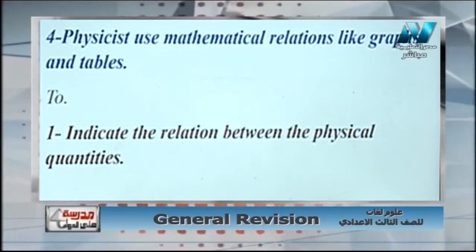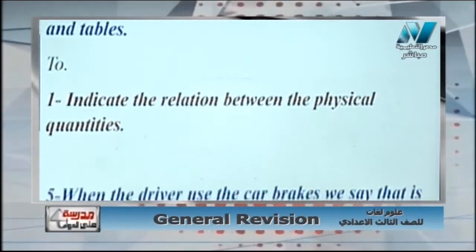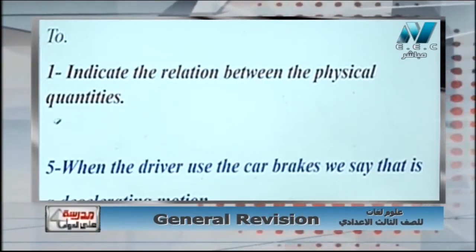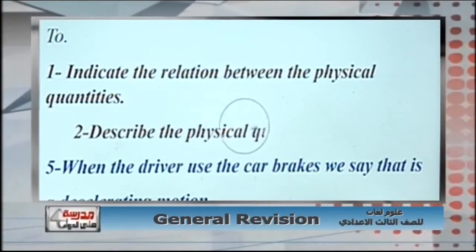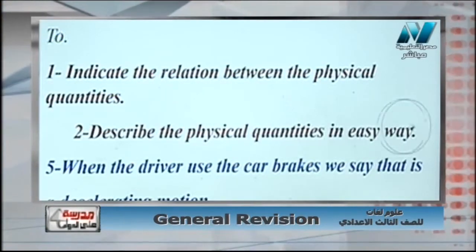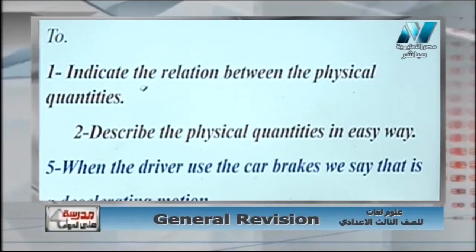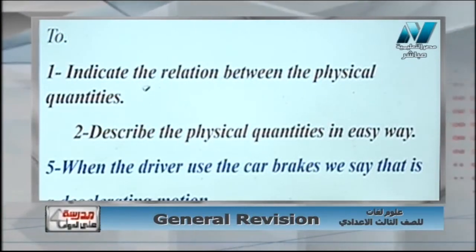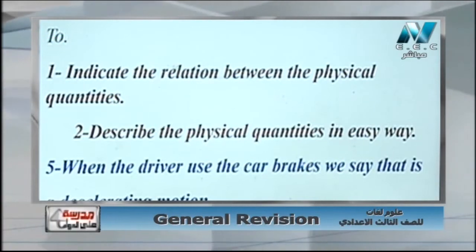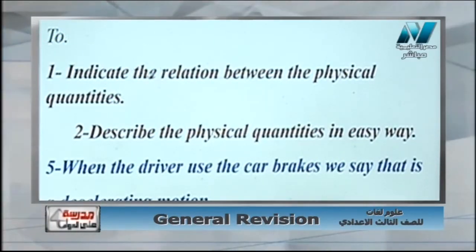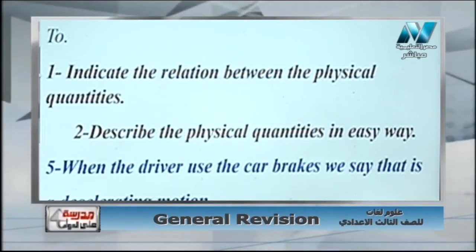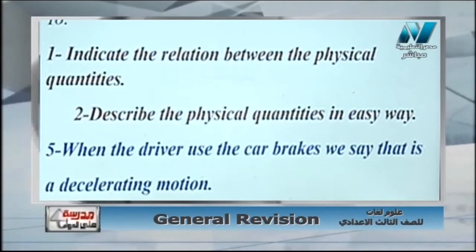Number two, to describe the physical quantities in an easy way, and to indicate the relation between the physical quantities, such as directly proportional or inversely proportional and so on.